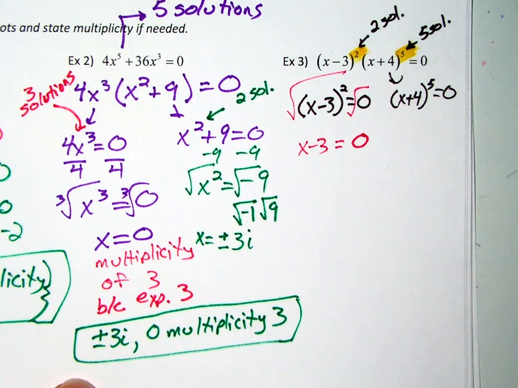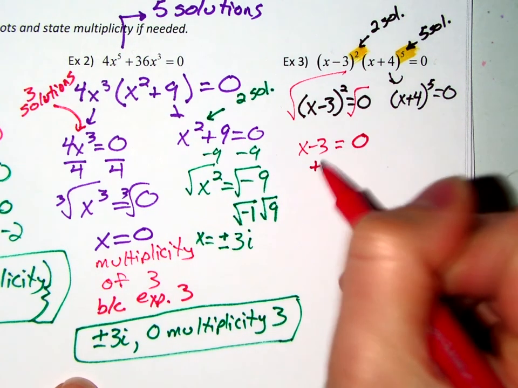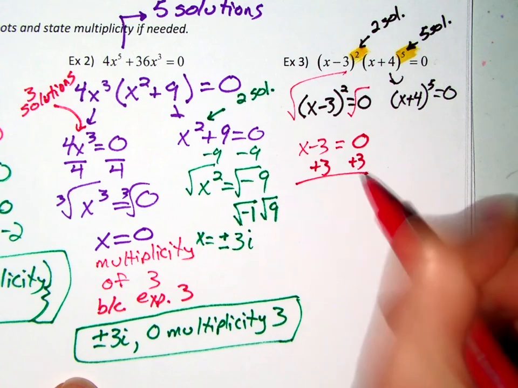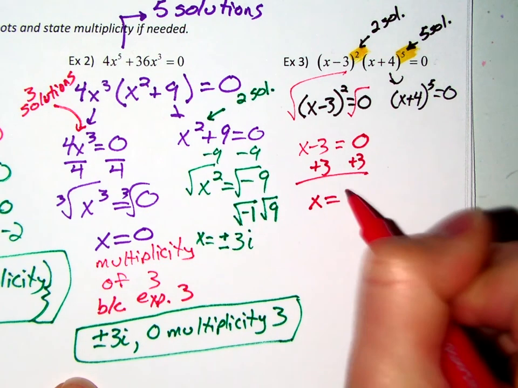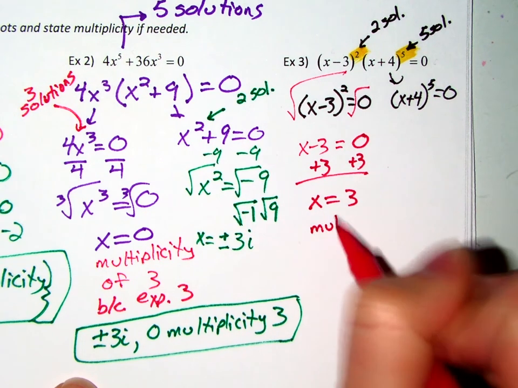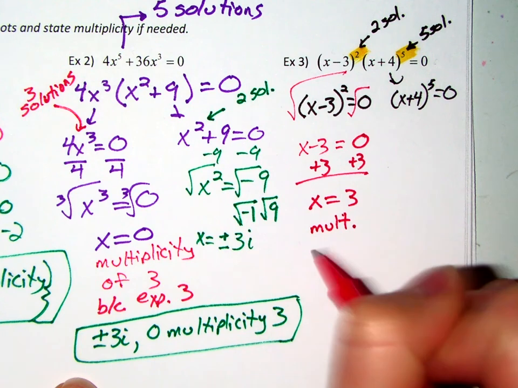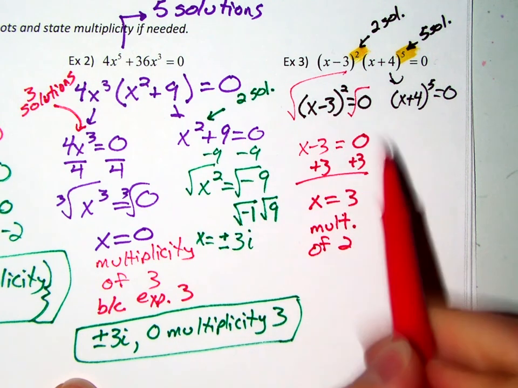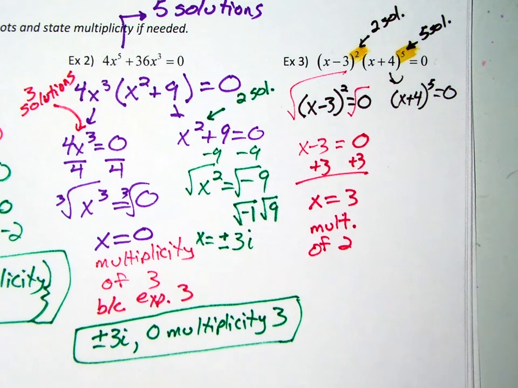And we're left with x minus 3. Then we can go ahead and add 3 to both sides, and we get x equals 3, and I know that this has a multiplicity of 2, because that 0 would have happened twice because of the exponent of 2. So I know my x equals 3 has a multiplicity of 2.